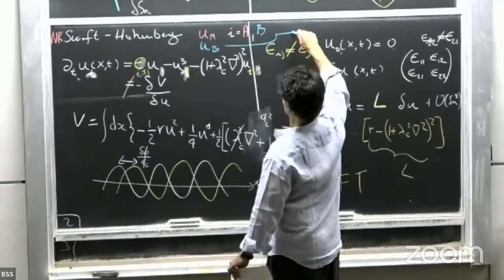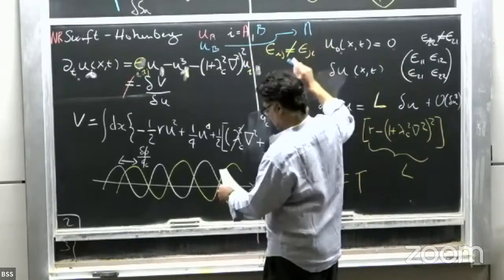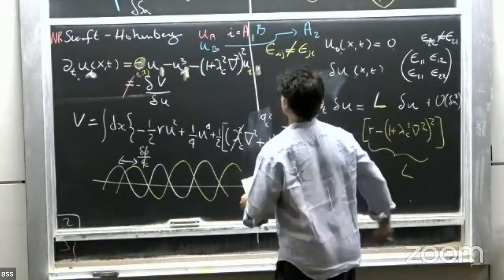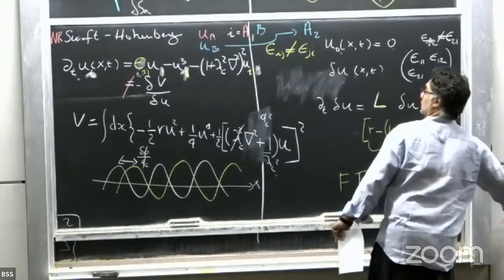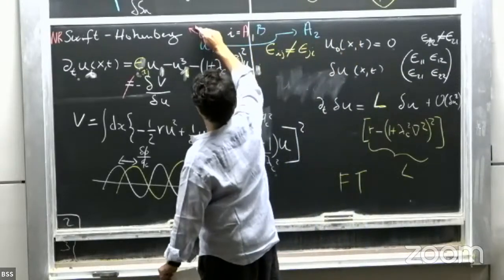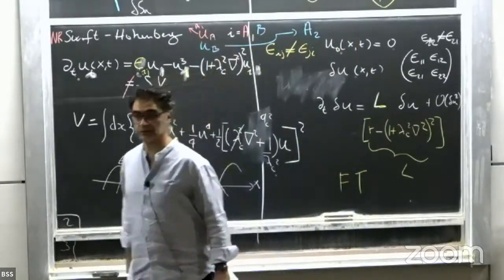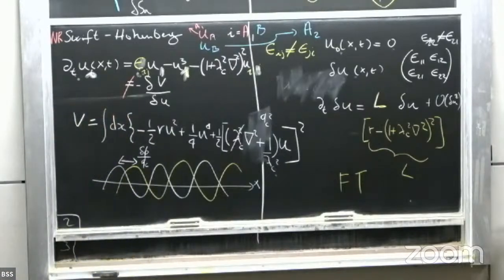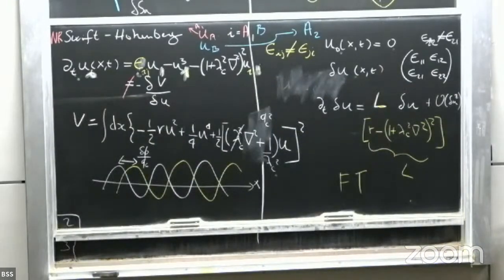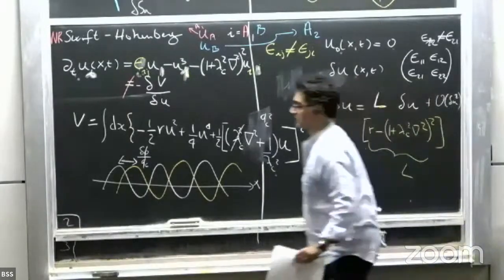UB will have its own amplitude that I'm going to call A2, and UA will have its own amplitude, and I'm going to call it A1. And so there are two ways now to proceed. One, you take the definition of U in terms of the patterns.